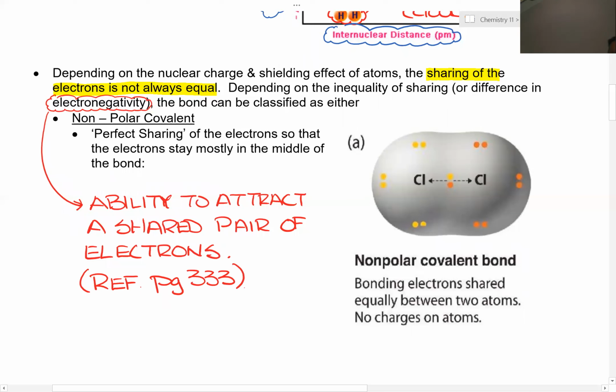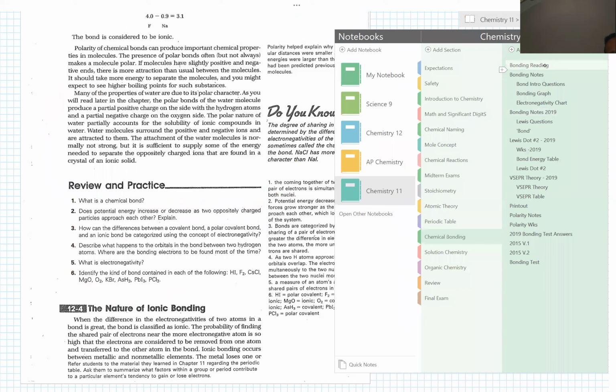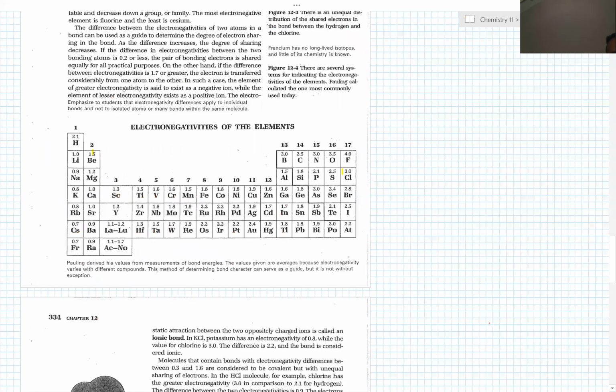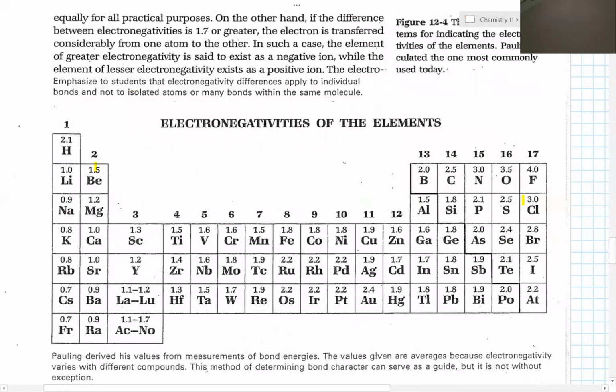If you look on page 333 in your reading package, you're going to see this particular table. This is called the table of electronegativities. The numbers on the top, you could think of them as their ability to attract a shared pair of electrons.